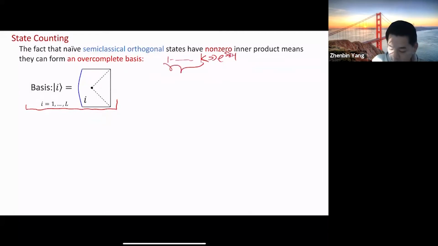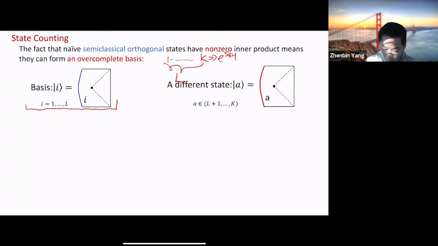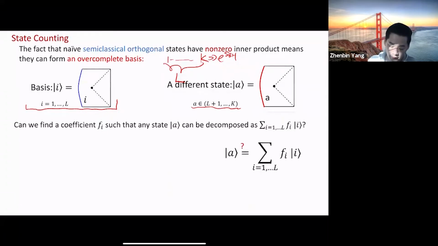And out of these K states, we choose L different states. And we're going to ask whether any other state A, lying in the complementary Hilbert space, can be reconstructed from those states i.